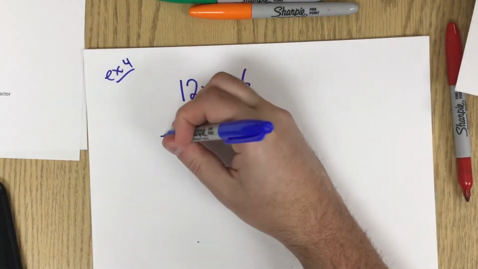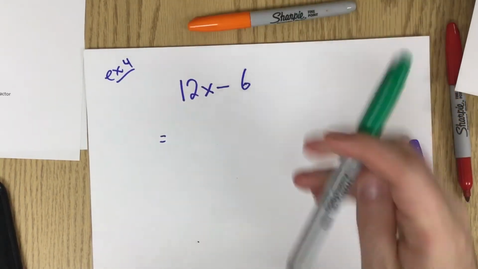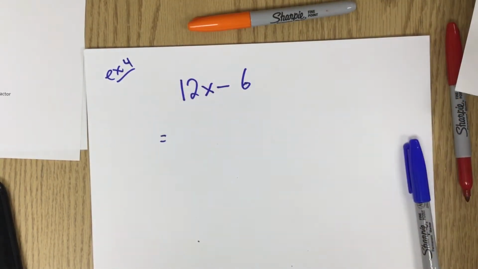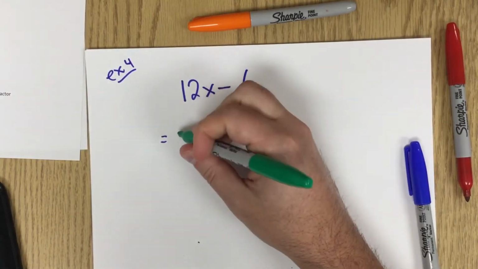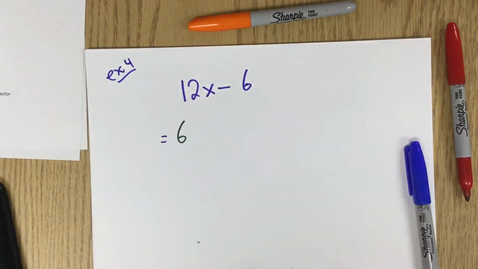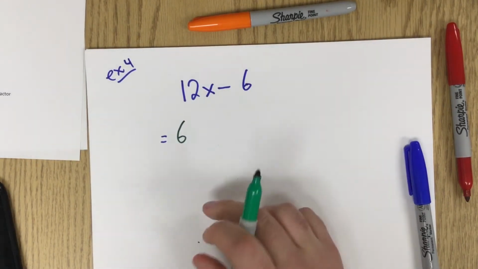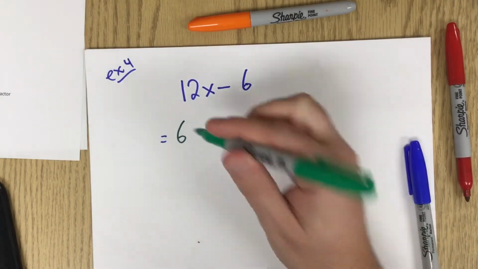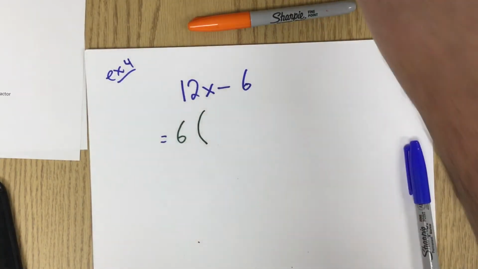The way we do common factoring is we start off by looking for something in common. So what's common between 12 and 6? You could do the factor trees that we did before, or you can just look. And it turns out that 6 is the greatest common factor. So we're going to write the greatest common factor in front. We're going to open up a bracket.